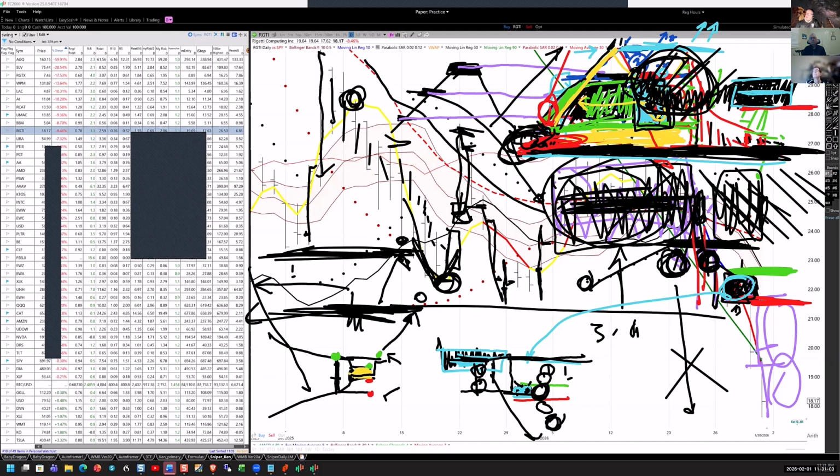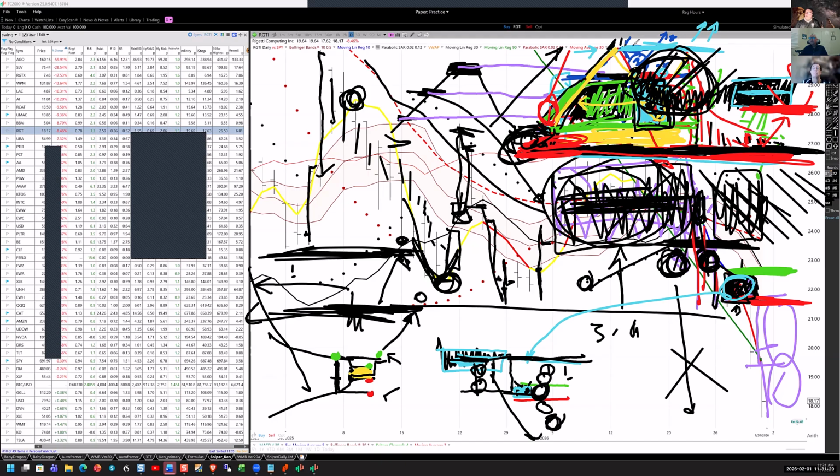Because if this thing works, then at some point the RL10 is going to reverse, and this is going to look like strong support. And I have this support, which never got violated, and I have a higher low. That makes this breakout reasonable.